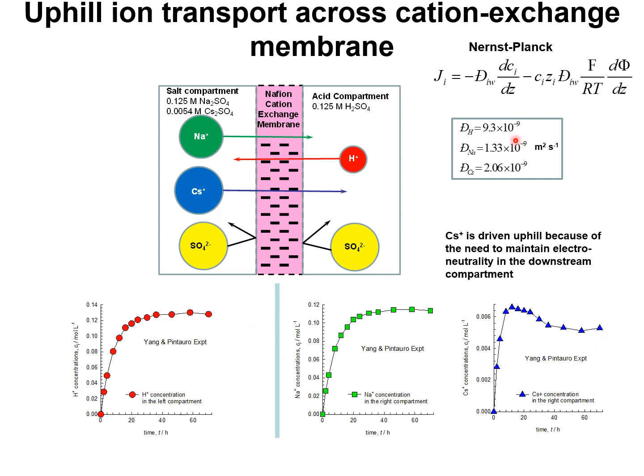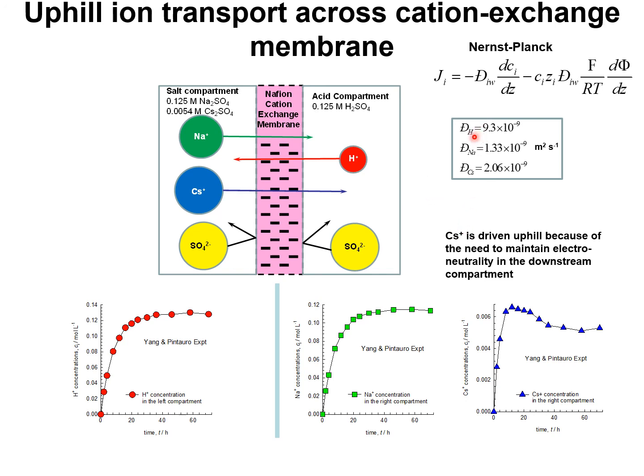The explanation for the uphill transport of cesium and the attainment of supra-equilibrium concentrations of cesium is explained simply in terms of the electroneutrality constraint that must be obeyed.